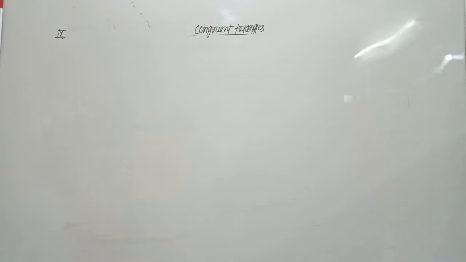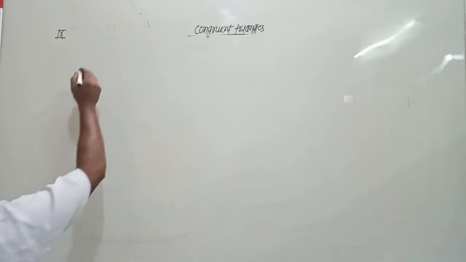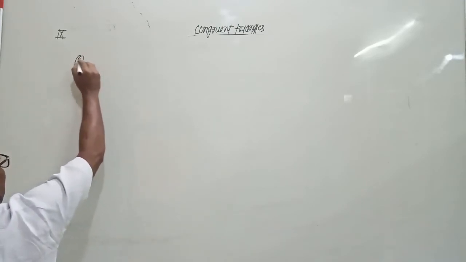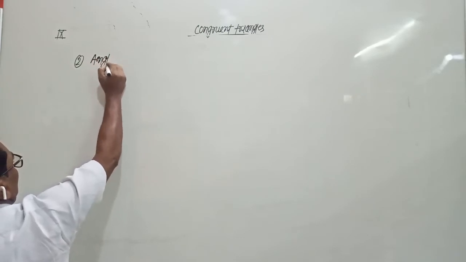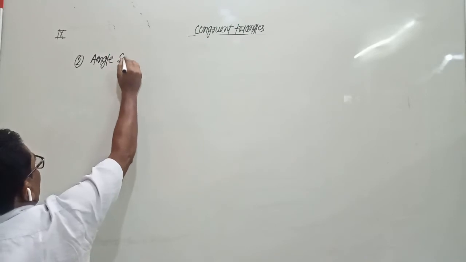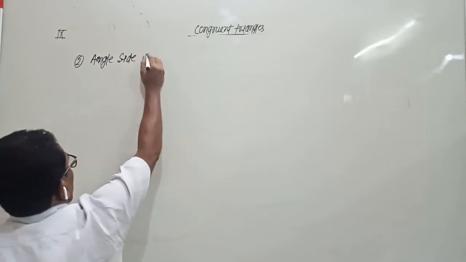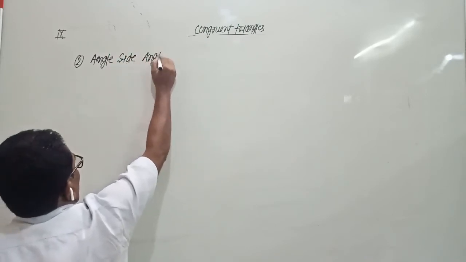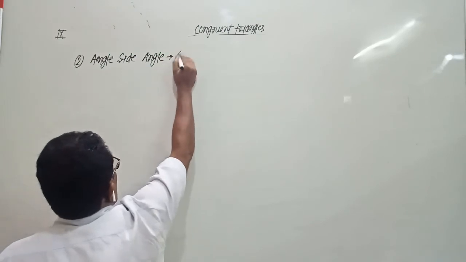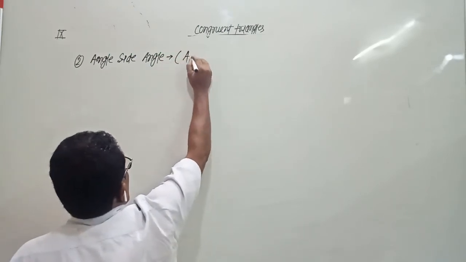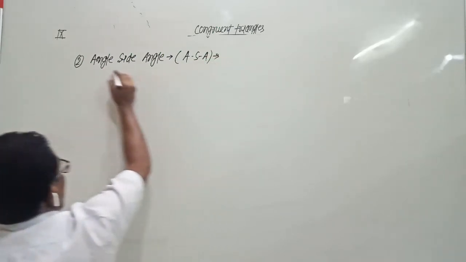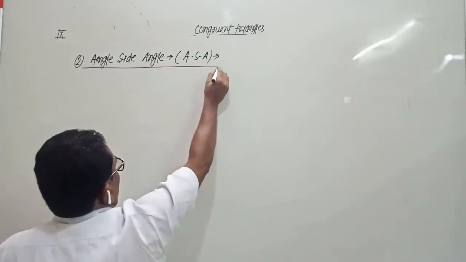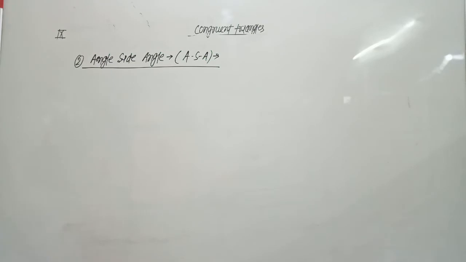Now the next criterion is angle side angle, ASA. This is the second criterion, ASA.